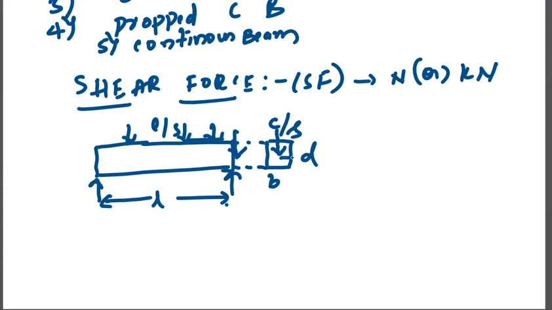If you apply a load perpendicular to the cross section area, that is not a shear force. So shear force is a force that acts parallel to the surface or cross section of a member, and its units are Newton or kilonewton.